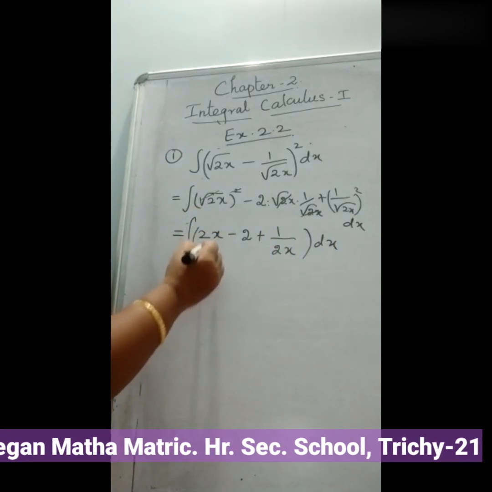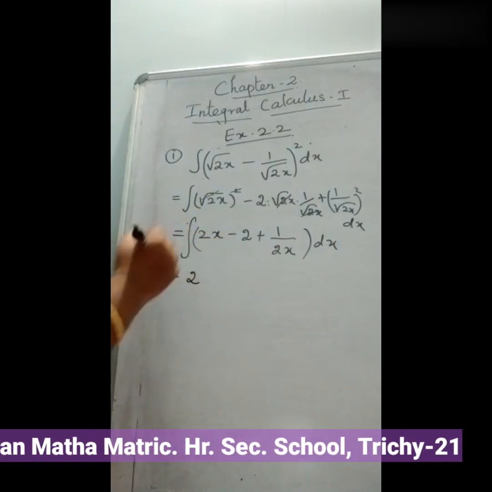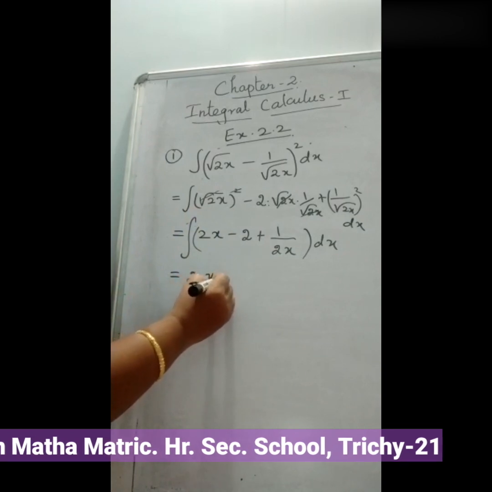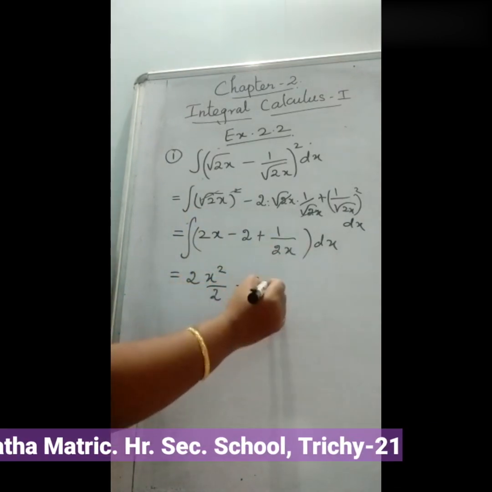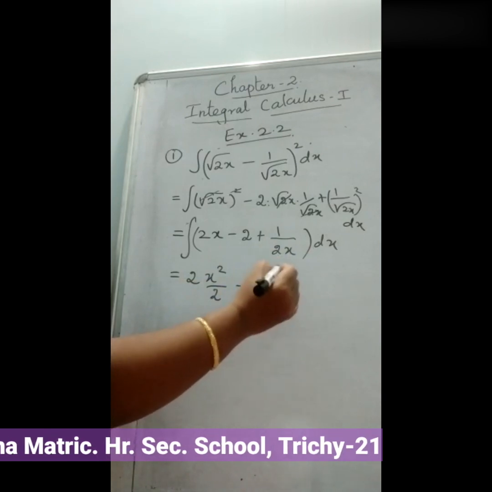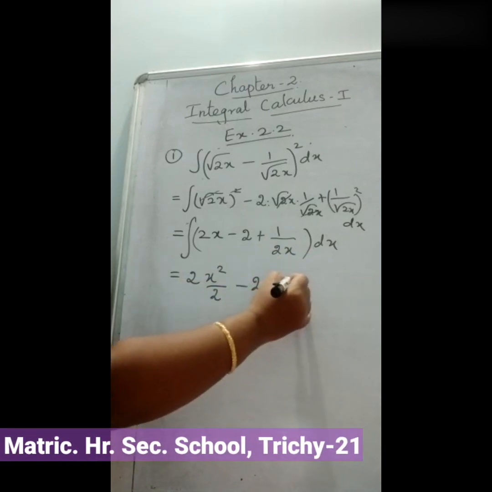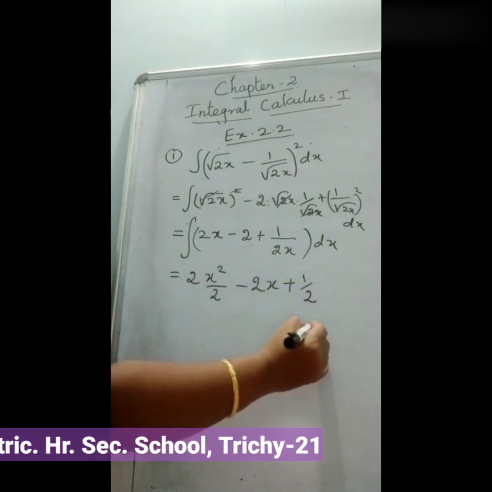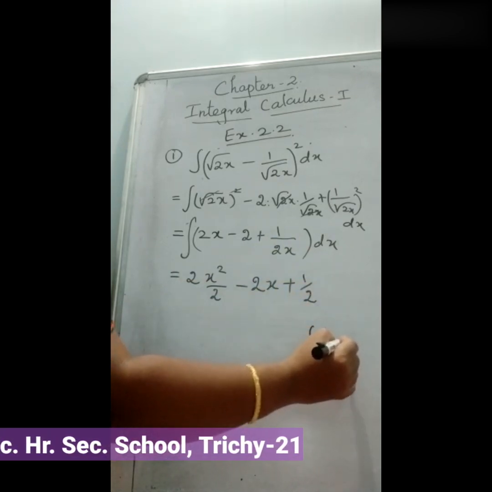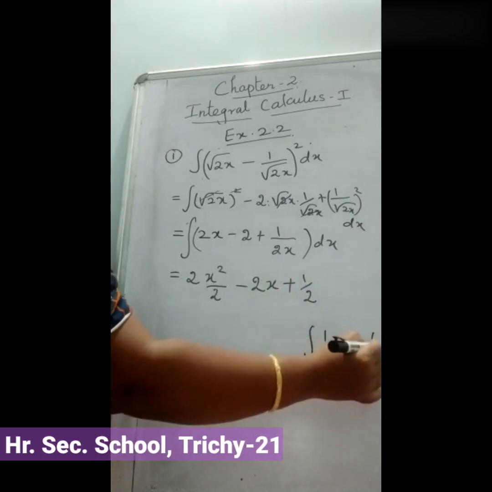So 2 is the constant term, you take it outside, and x² divided by 2, and minus 2 into dx gives 2x. Then plus 1 by 2 is the constant term and 1 by x; the integration of 1 by x dx is equal to log x.